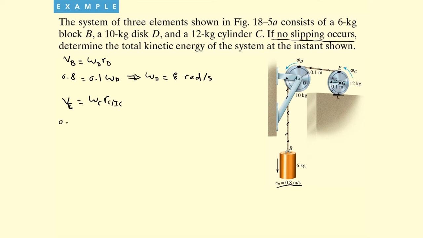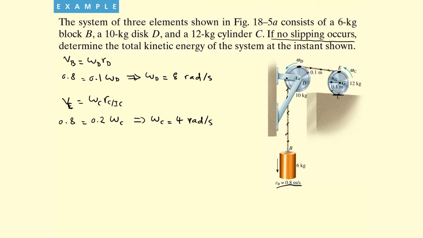So this gives me that 0.8 should equal RCIC times omega C. As I mentioned, this is translation as well as rotation, so this is general plane motion with no slipping. So the IC is at the point that meets with the ground. So RCIC becomes twice the radius, so 0.2 times omega C. And this gives me that omega C should equal 4 radians per second.